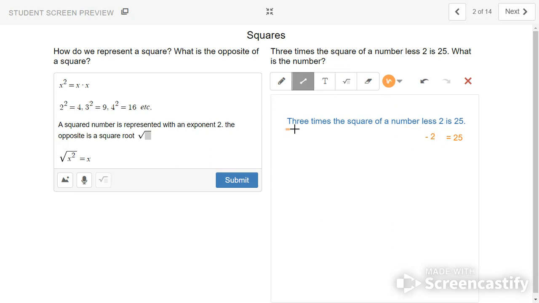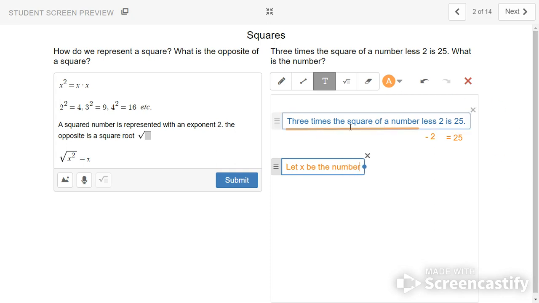Now, for the remaining part here, 3 times the square of a number. I don't know what the number is, so I'm going to first label, let x be the number, or the unknown number here. We have 3 times the square of a number. Square of a number means we're throwing on an exponent 2.